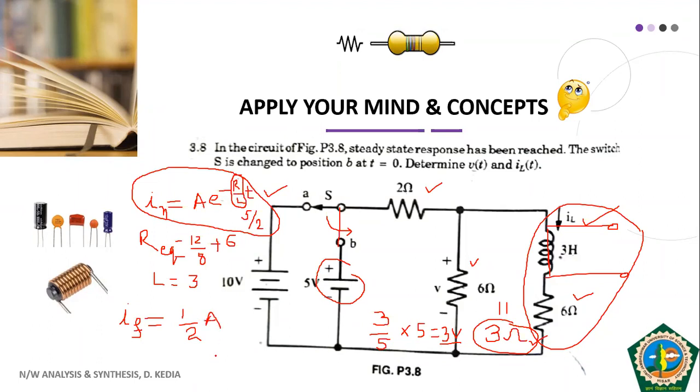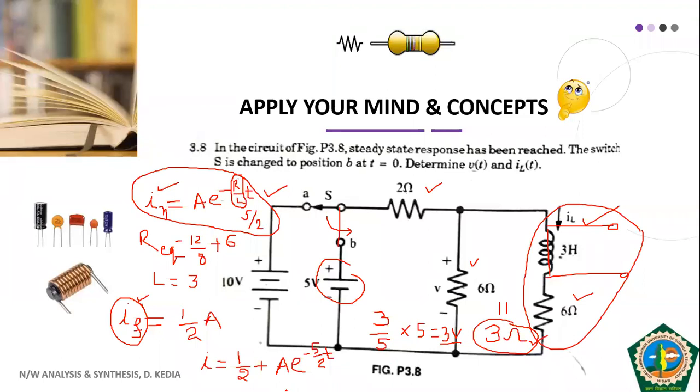For the complete current response, we have to sum I F and I N. So our complete response I comes out to be 1 by 2 plus A e raised to power minus 5 by 2 into t.